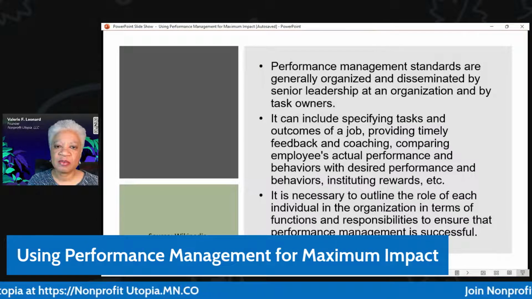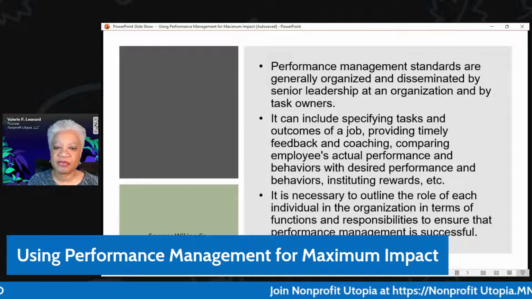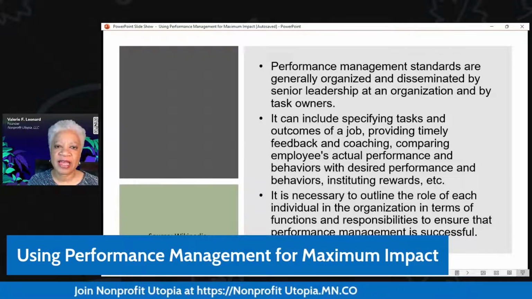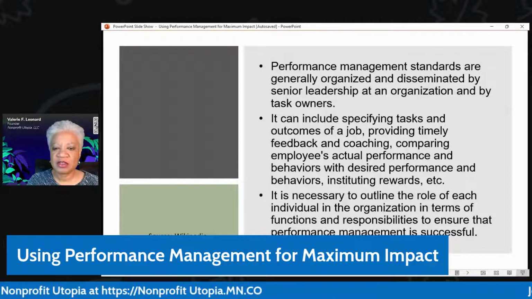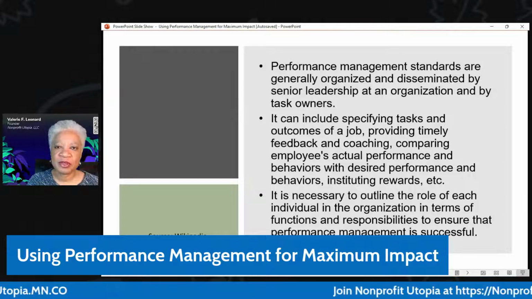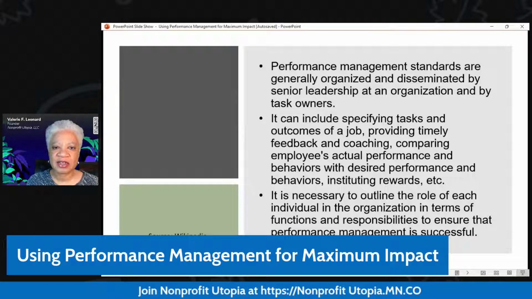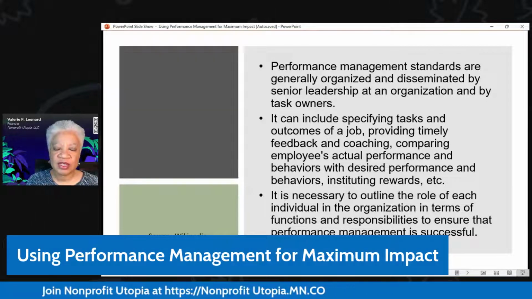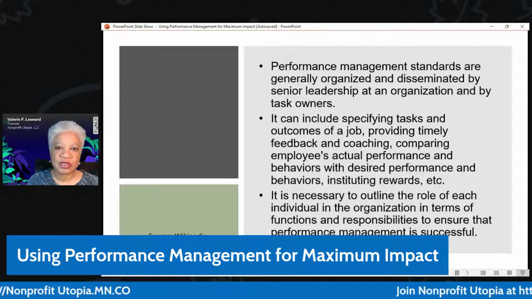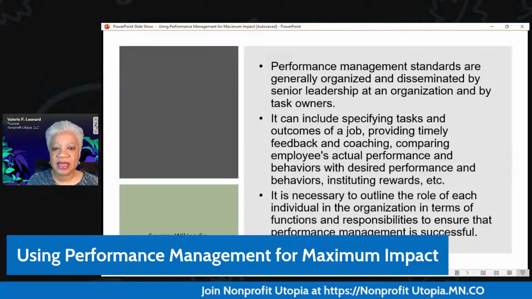It can also provide an outlet for objective feedback, an outlet for coaching, and comparing your actual performance to what you said that you would do. So, just like we do financials, what we budgeted for versus what we actually made, we can do the same thing for employees. We can look at what the employees' goals and objectives were and then compare that to what actually happened.